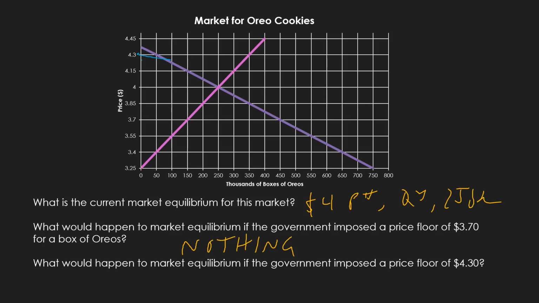We can't charge anything less than $4.30. Well, that's going to cause a problem. That price floor is preventing us from getting to equilibrium. So if we wanted to find Q sub F, it's going to be determined by the demand curve this time, not the supply curve, because that's what's intersecting first. So we're going to go down here, and our QF is now going to be 50,000.